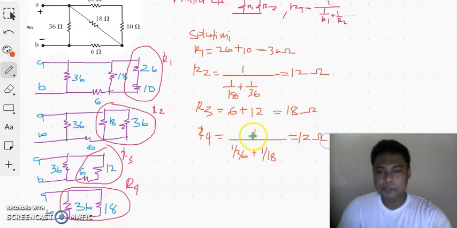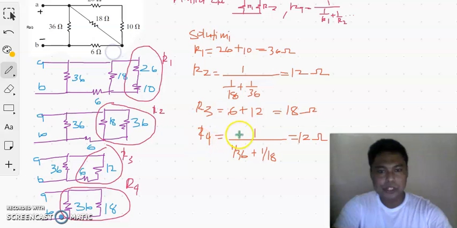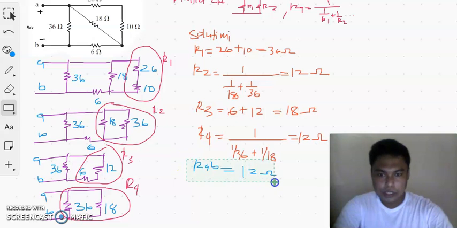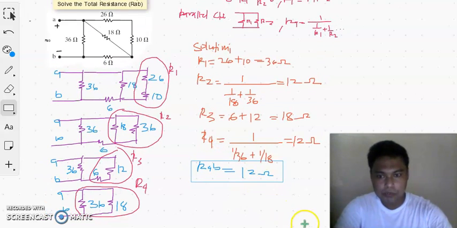So therefore our looking back resistance REB, our total resistance, is 12 ohms. So therefore this is the final answer, 12 ohms.